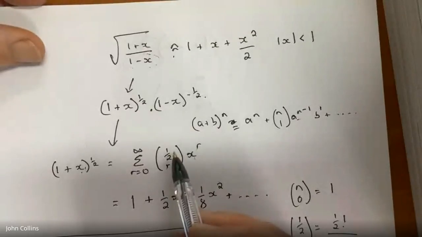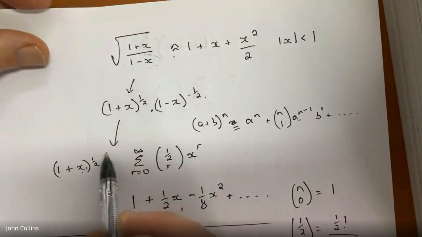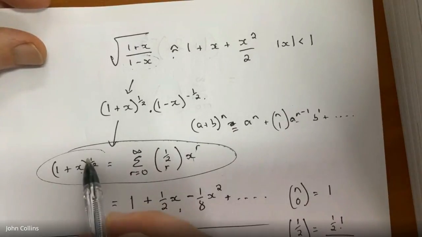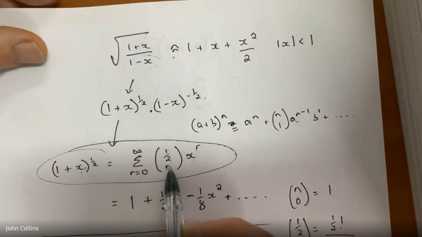If we look back to the previous example, when I was expanding this out, it was a half. The way if it's 10 here, it's going to be 10 choose something, but it's a half, so it's going to be a half choose something. So we're going to use minus 3 over 2, choose whatever order it's going to be.